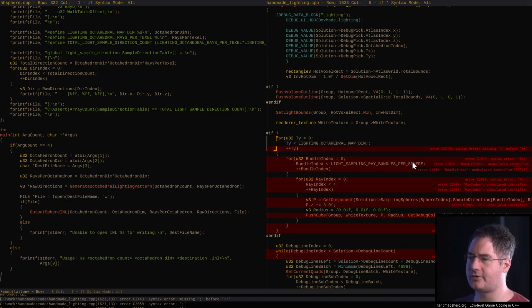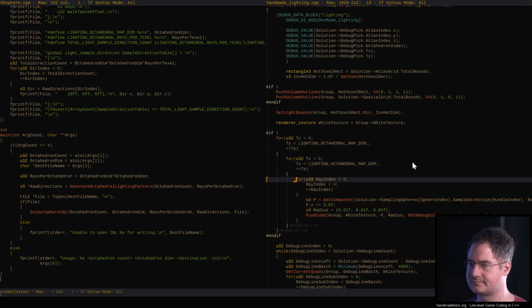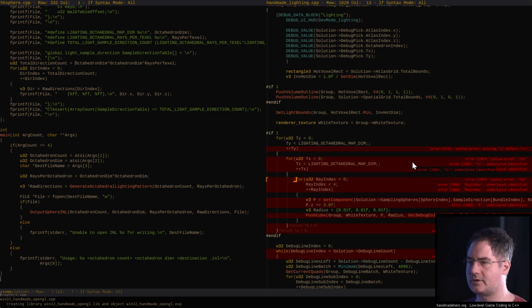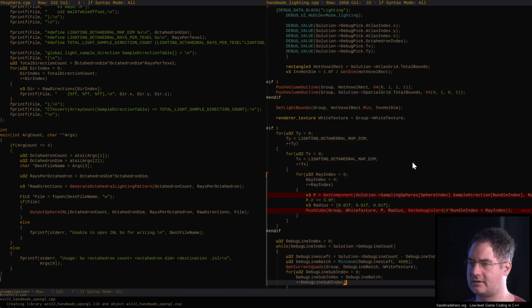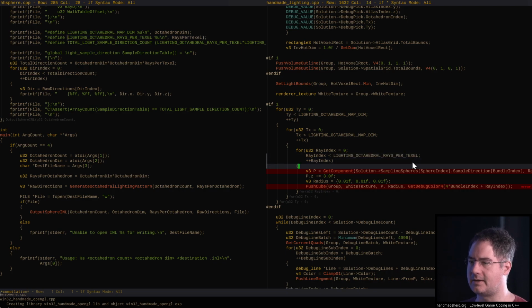So if I loop over these TX, TY values like so, I should be able to then, for each one of these, loop over the total number of rays per texel, and pick out each one from the sample direction.